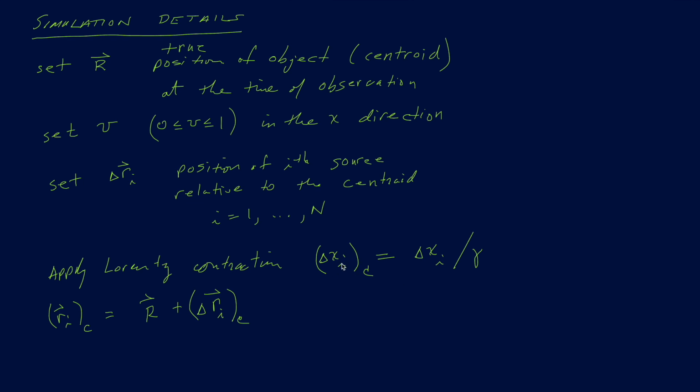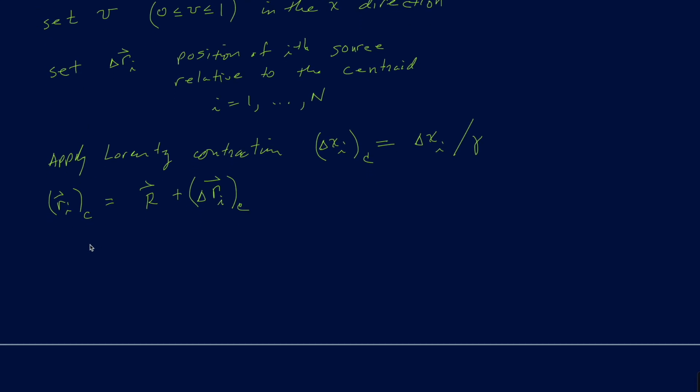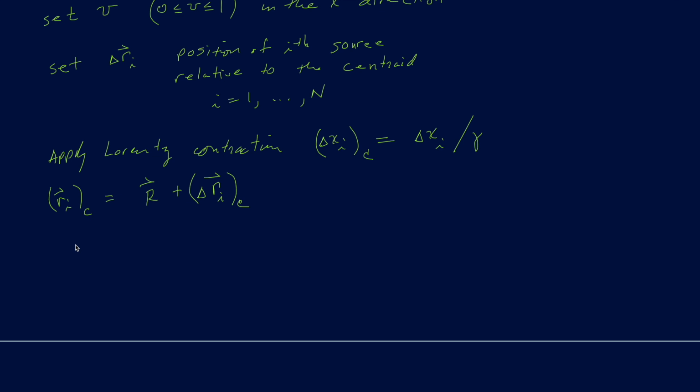So remember, we changed the x components of these things, and they became the contracted coordinates. So now we have the absolute position of each point source, and we know its velocity. We can now compute, using our latency equation, tau sub i, again, i equals 1 up to n.